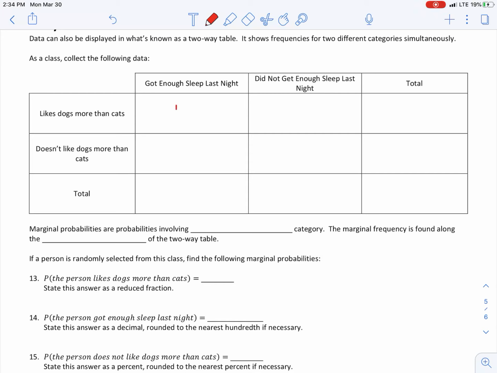So what this is saying is if I put in, let's say, 15, 2, 0, and let's do 10.